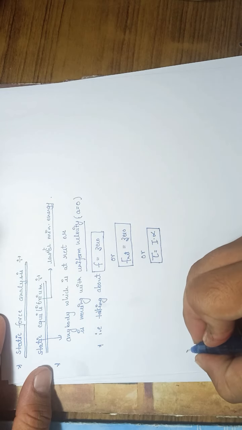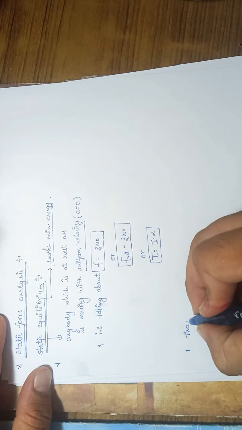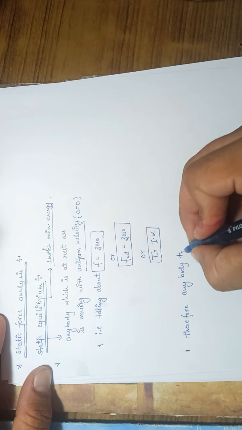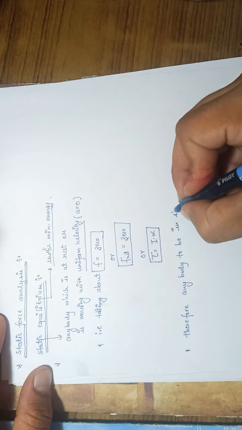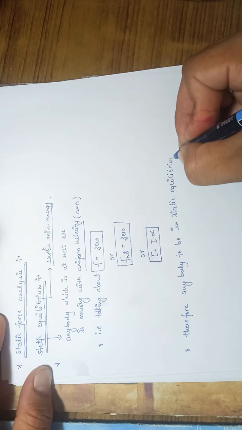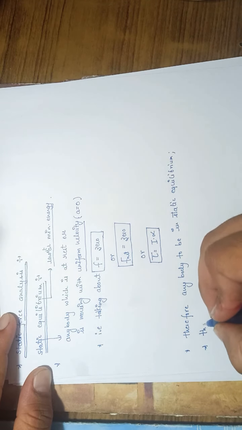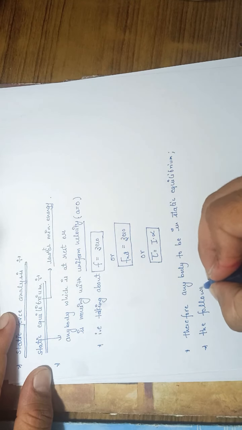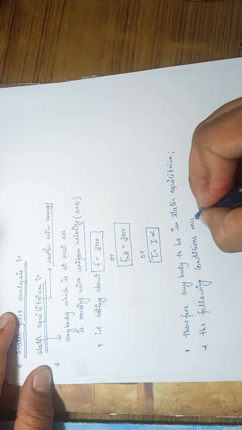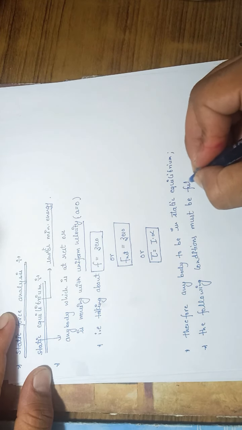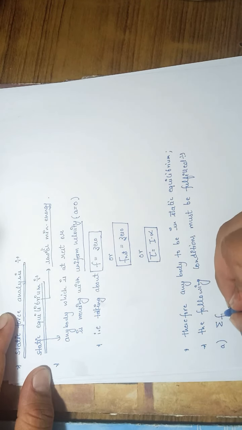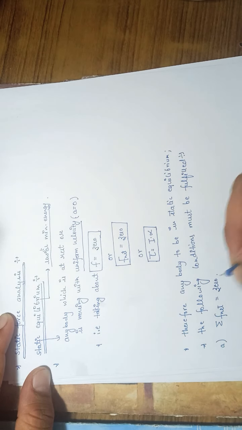So therefore, for any body to be in static equilibrium, the following conditions must be fulfilled. Right? And then what are the conditions which should be fulfilled? The first is summation of F net should be zero, isn't it?